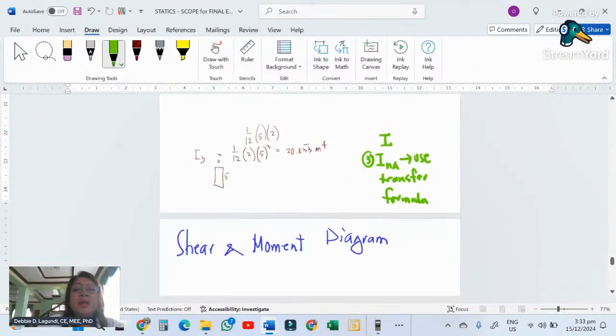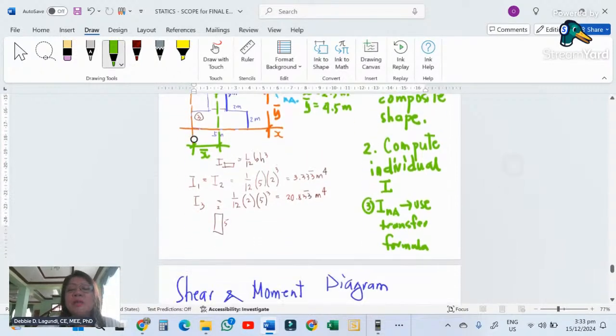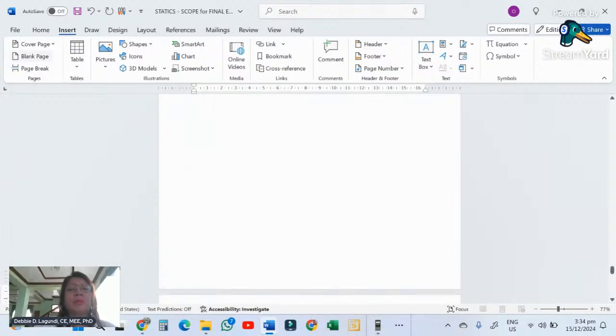Okay. So the transfer formula is, hang on, I'll insert a new window.